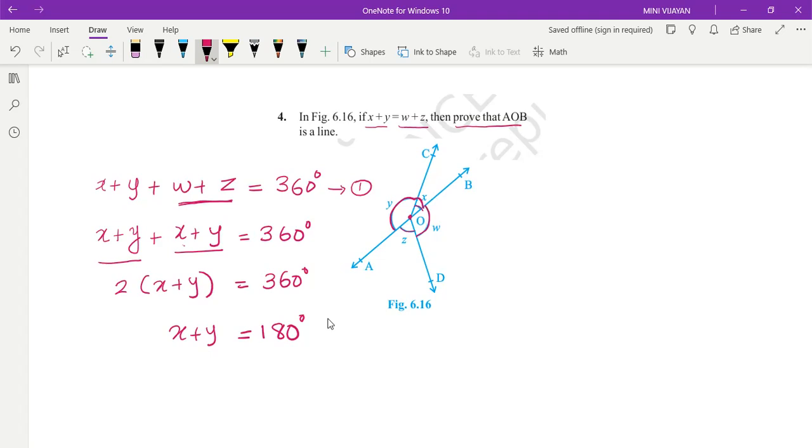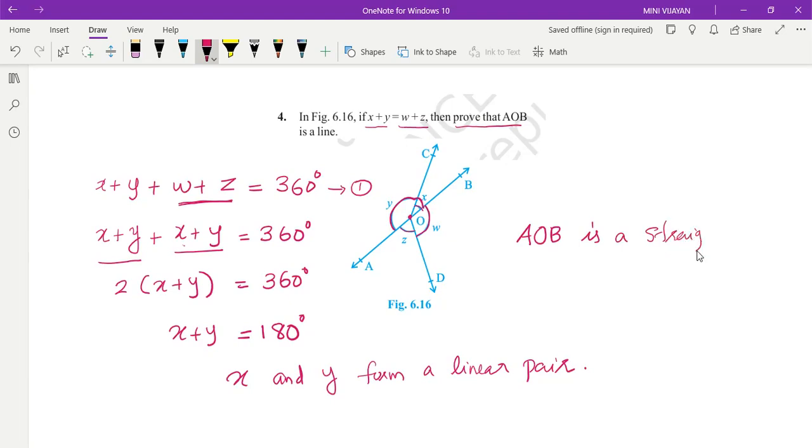Now we can say that x and y form a linear pair. Therefore, finally, AOB is a straight line.